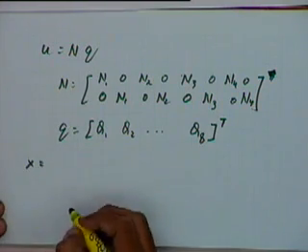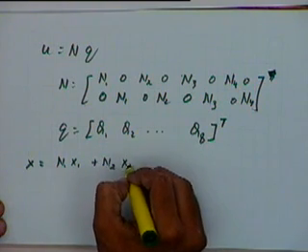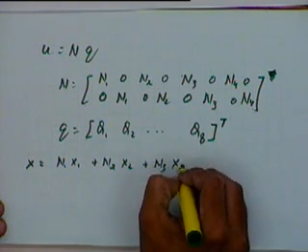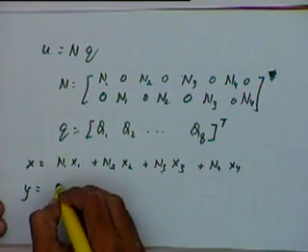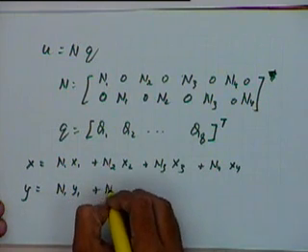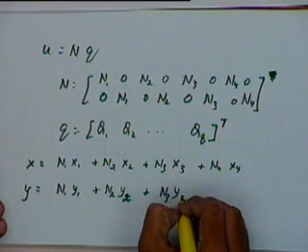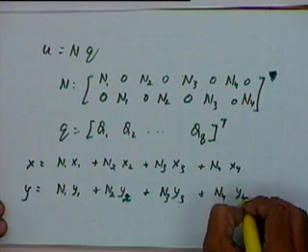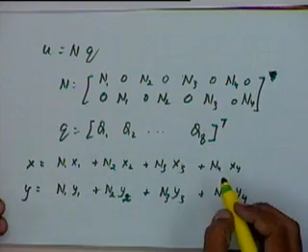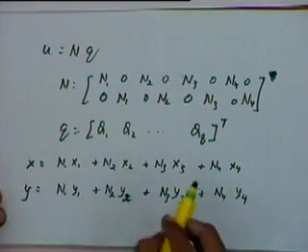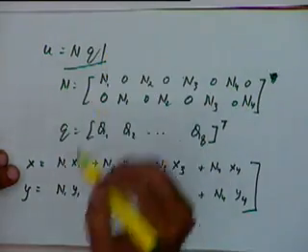We'll say x will be equal to n1 x1 plus n2 x2 plus n3 x3 plus n4 x4, and y will be equal to n1 y1 plus n2 y2 plus n3 y3 plus n4 y4, where n1, n2, n3, n4 are the four shape functions in terms of zeta and eta, and x and y are given by these relations, u and v are given by this relation.